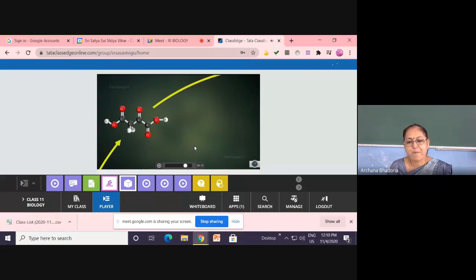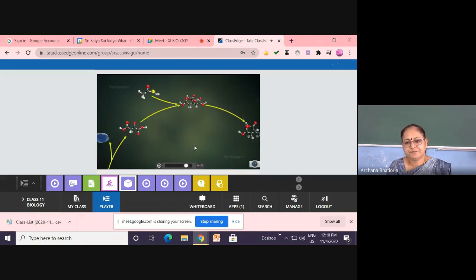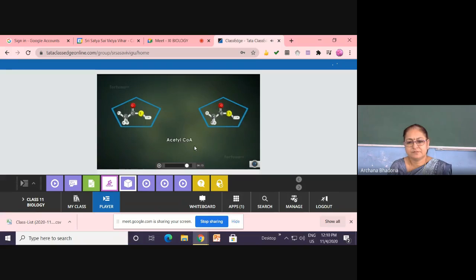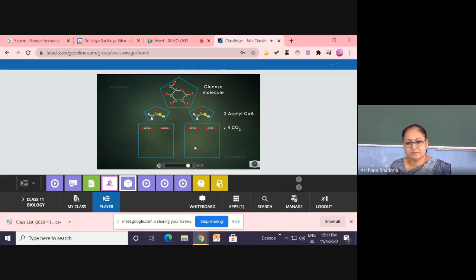The oxaloacetate will condense with acetyl-CoA, once again forming citric acid, and thus the cycle is repeated. Overall, 2 acetyl-CoA molecules are produced from each glucose molecule. So the Krebs cycle will process each one twice, yielding 4 CO2, 6 NADH, 2 FADH2, 2 ATP.